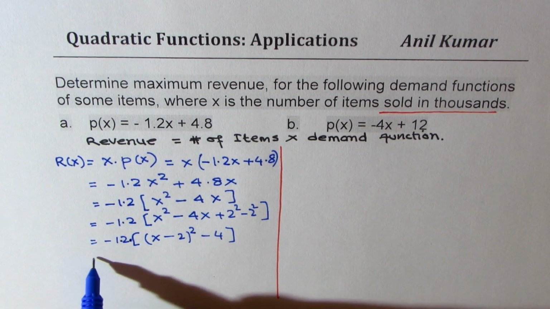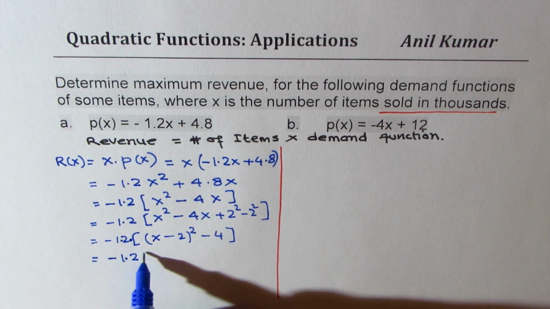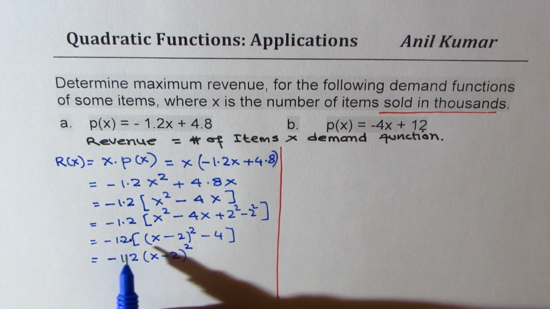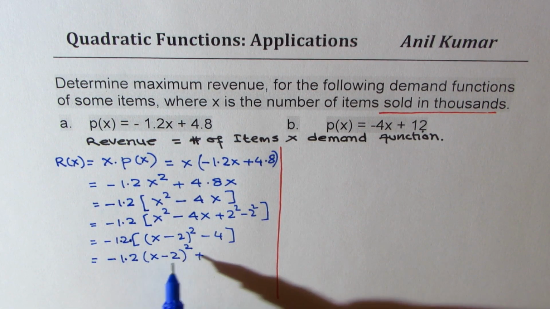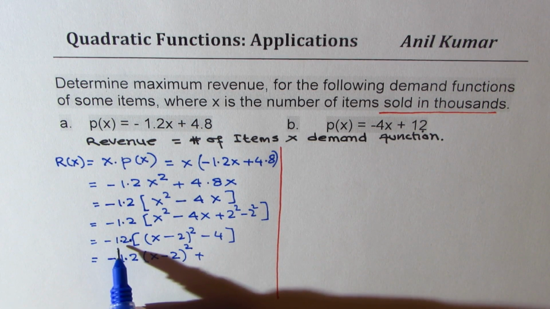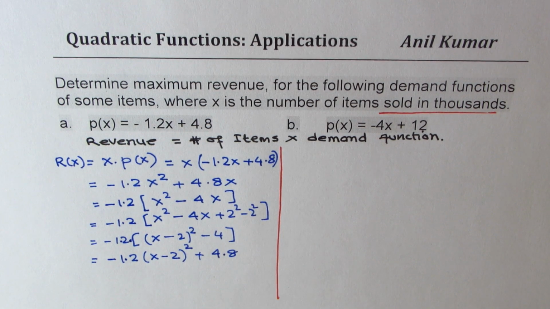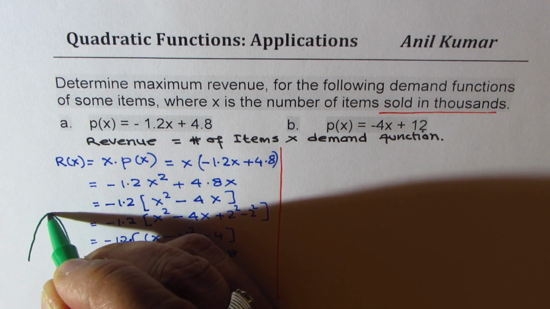Now we can open this bracket and get the equation, which is minus 1.2 times x minus 2 whole square, and when you multiply, you get positive first and then 4.8, right? So 4 times 1.2 is 4.8.